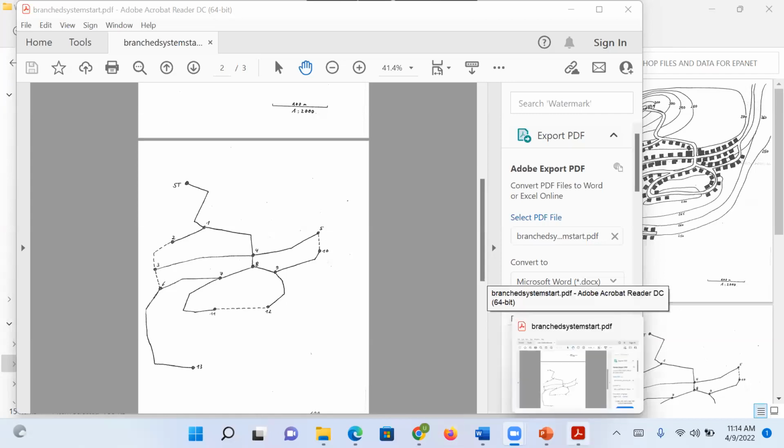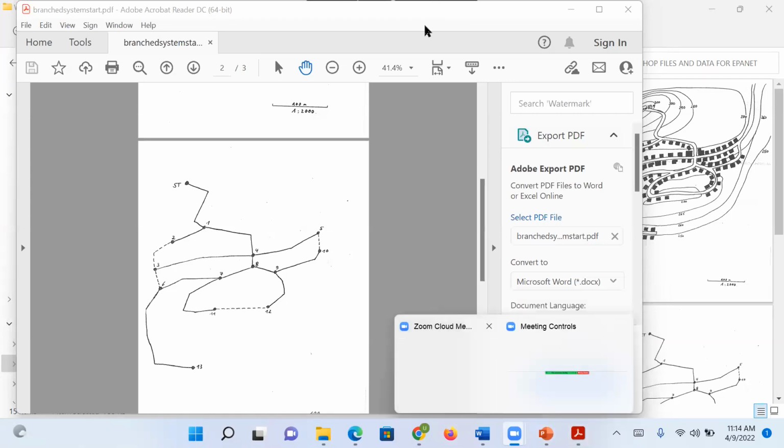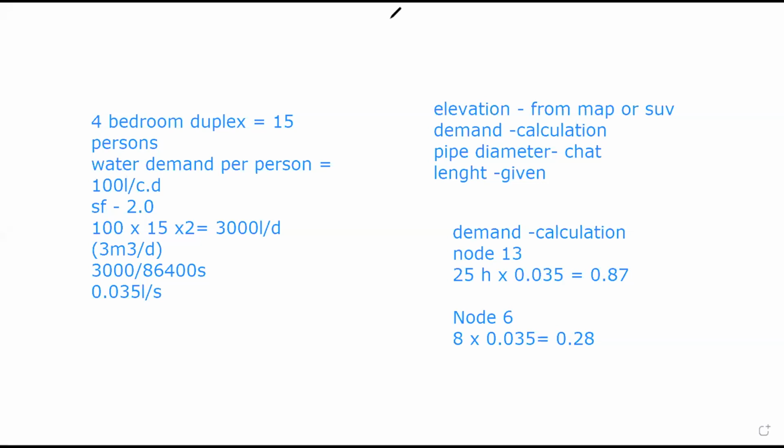It's complicated, it's difficult, but that is why many people get it wrong, and that's why this training is important. So this is the value for node 6.